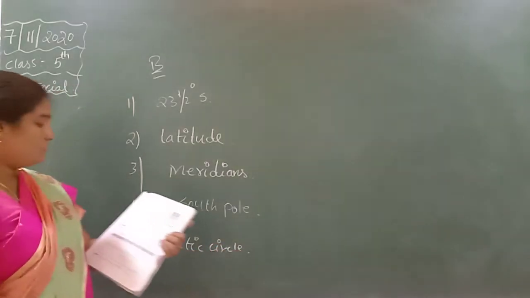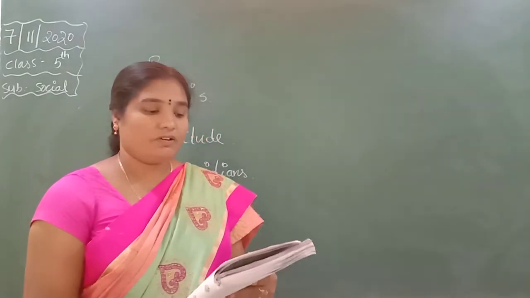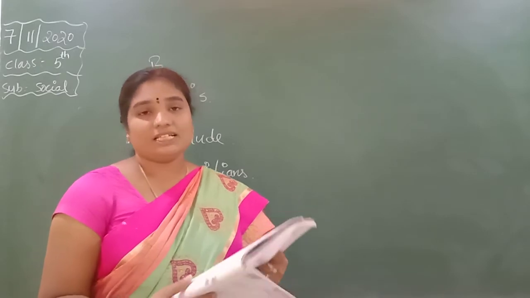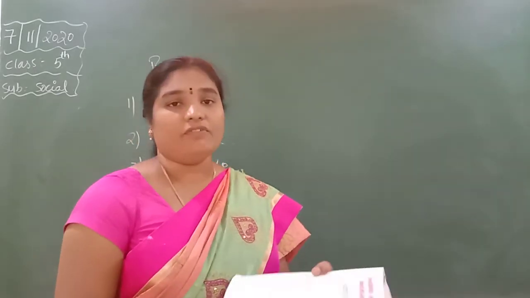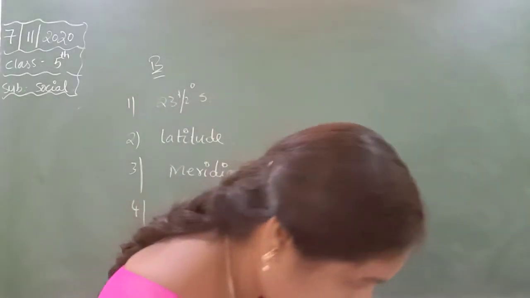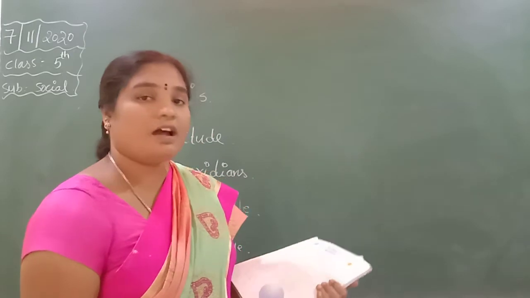Okay, now children. Tomorrow we will write the question answers. Today we go for the hard words. Open your class books and write down the hard words. The textbook bits have been completed. Now we will go for the hard words.